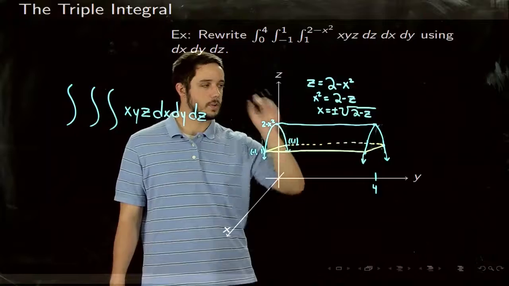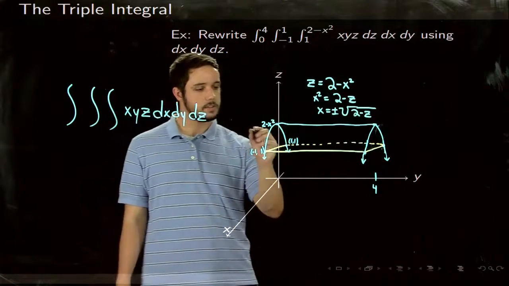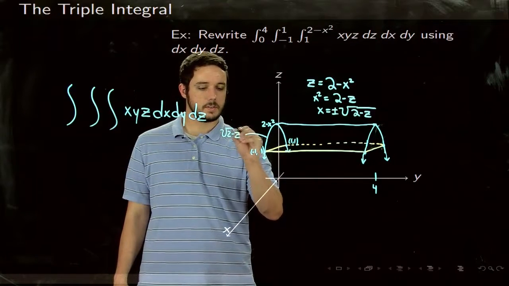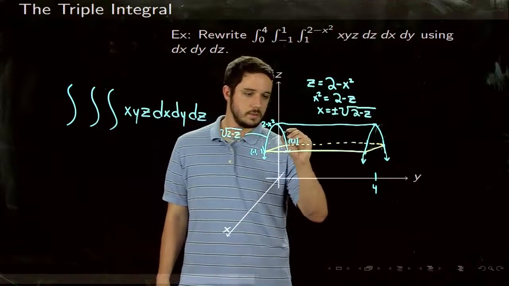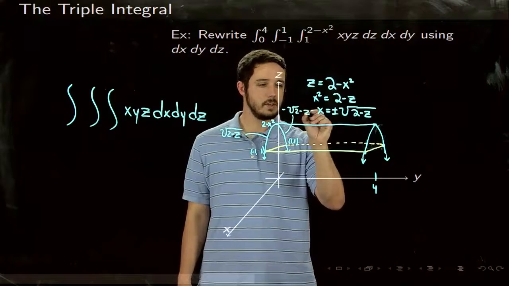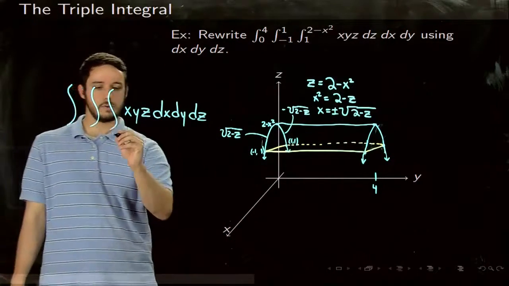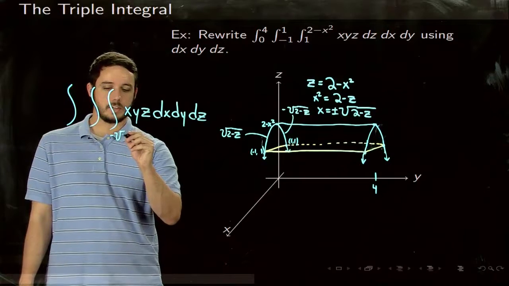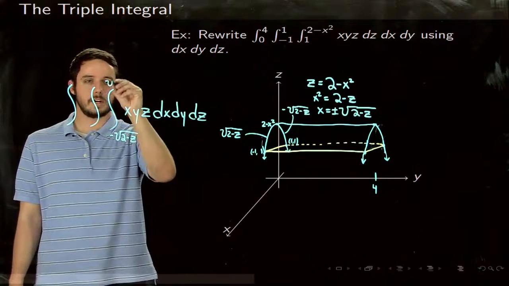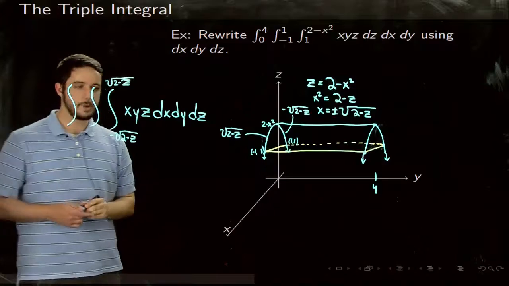The other side, this one is negative, and then this one is positive square root of 2 minus z. And the x value over here is negative square root of 2 minus z. So that gives us our bounds for x. So x goes in between negative square root of 2 minus z all the way to positive square root of 2 minus z. So those are our bounds for x.